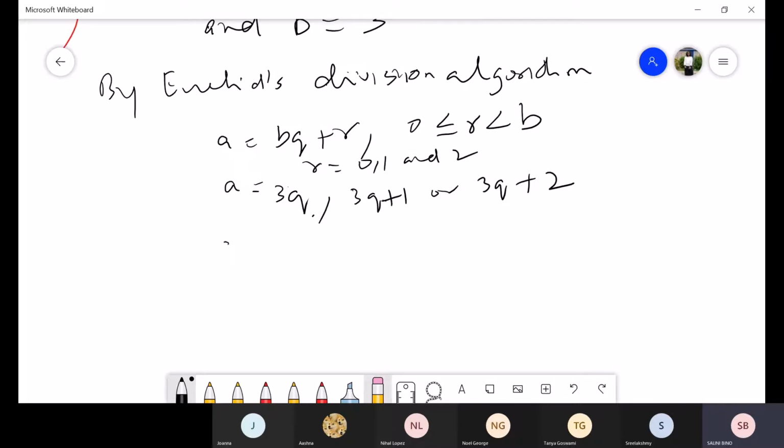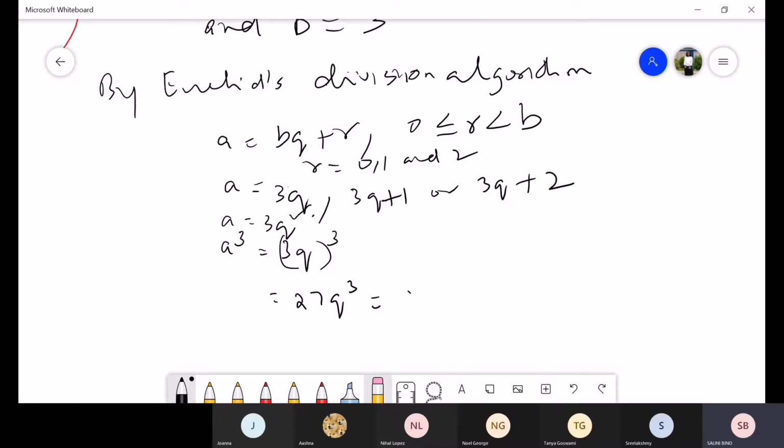Now we'll start. It is the cube of the integer. That means if I take a equal to 3q, a cube will be 3q the whole cube. So a cube will be equal to 3 cube, which is 27. And remember, we need 9m.